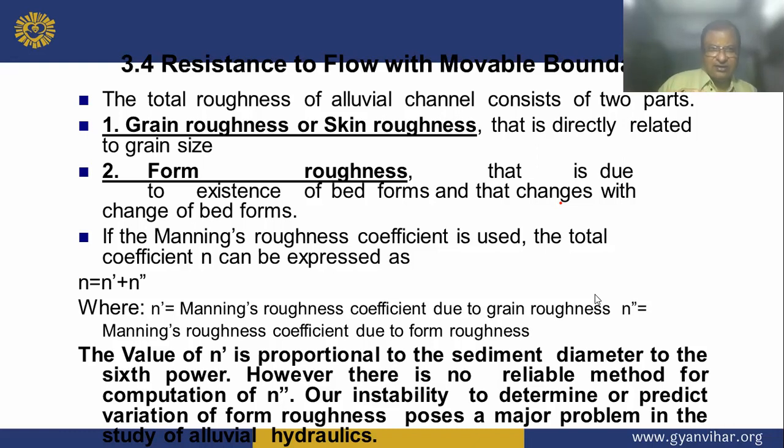Grain roughness or skin roughness is directly related to grain size, and form roughness is due to the extent of the bed form, which changes with the change of bed form.